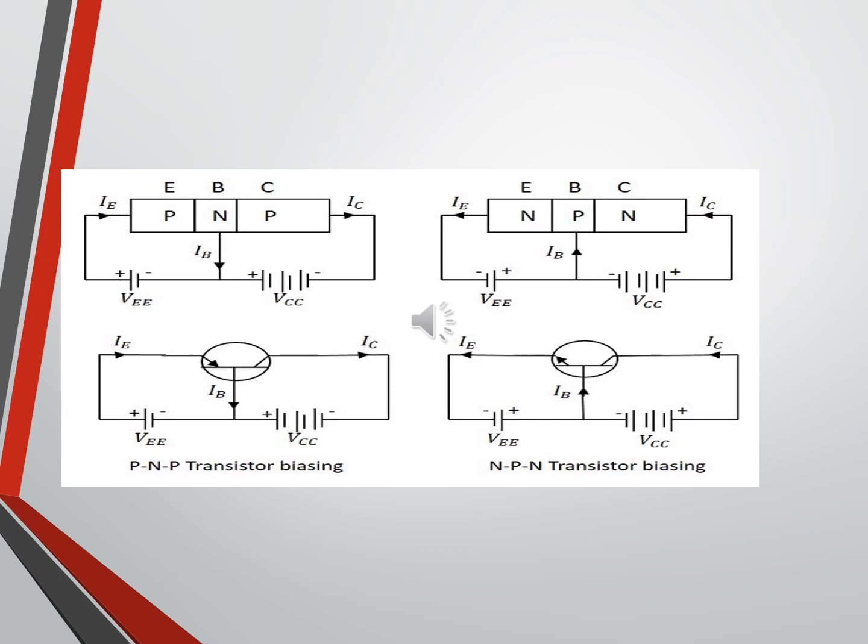In this figure, the N-type material is provided a negative supply and the P-type material is given a positive supply to make the circuit forward biased. To make it reverse biased, the N-type material is provided a positive supply and the P-type material is given a negative supply.